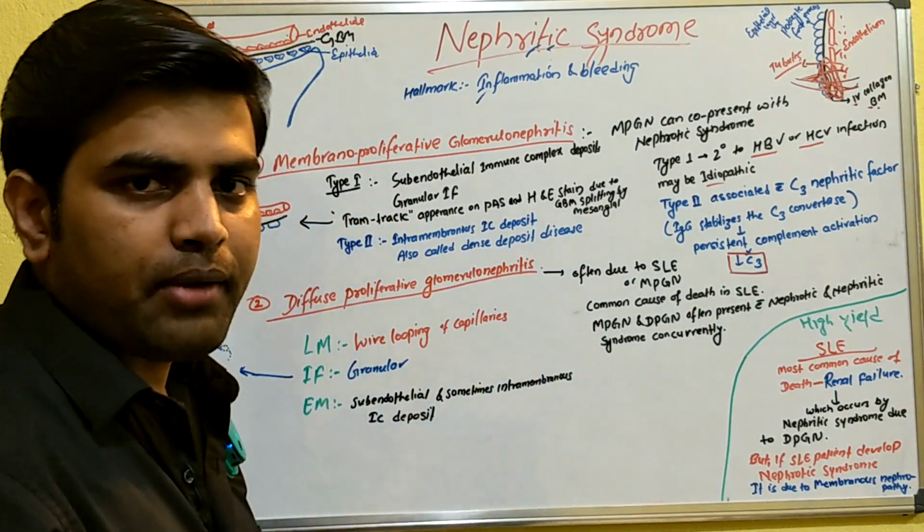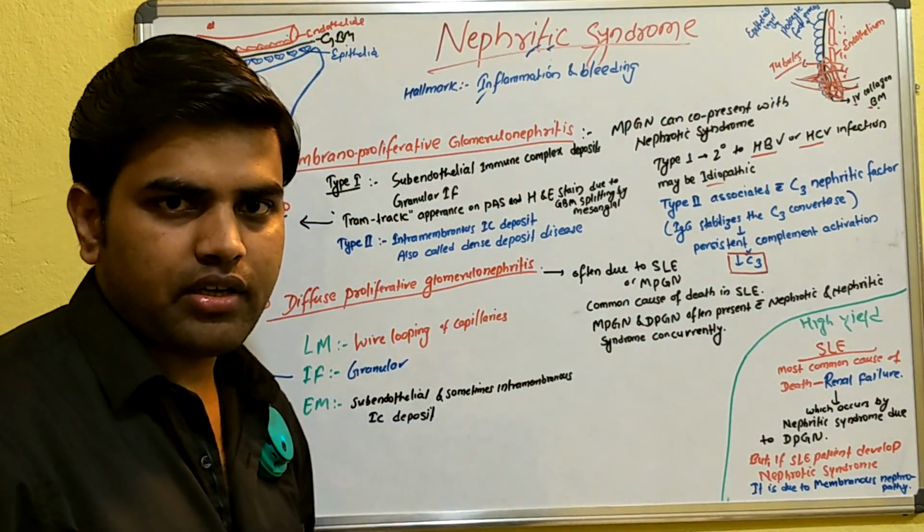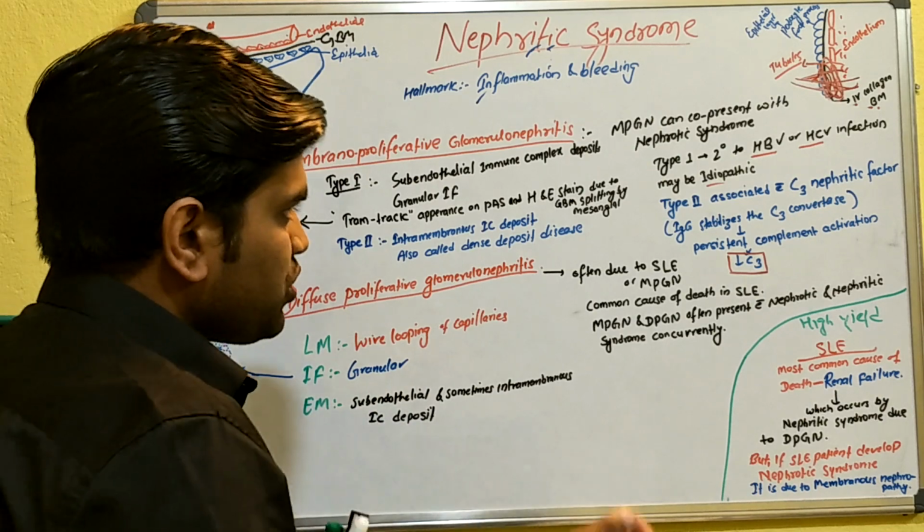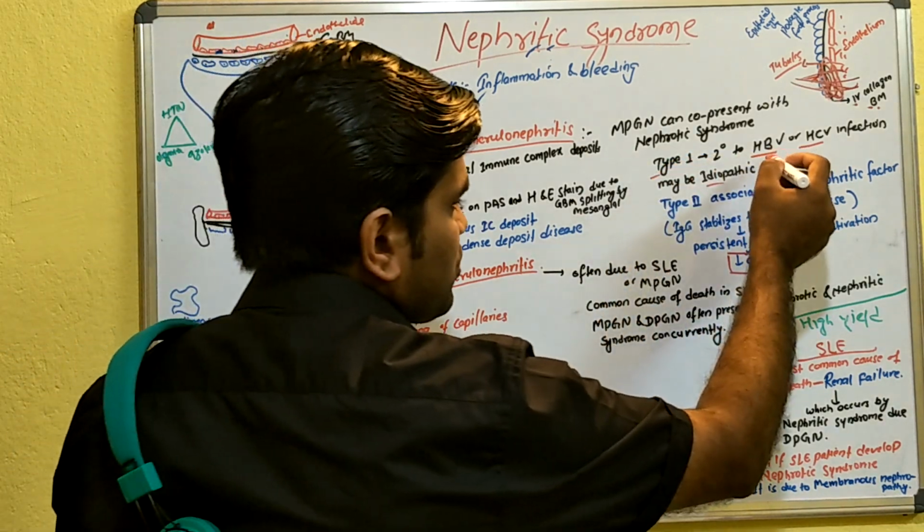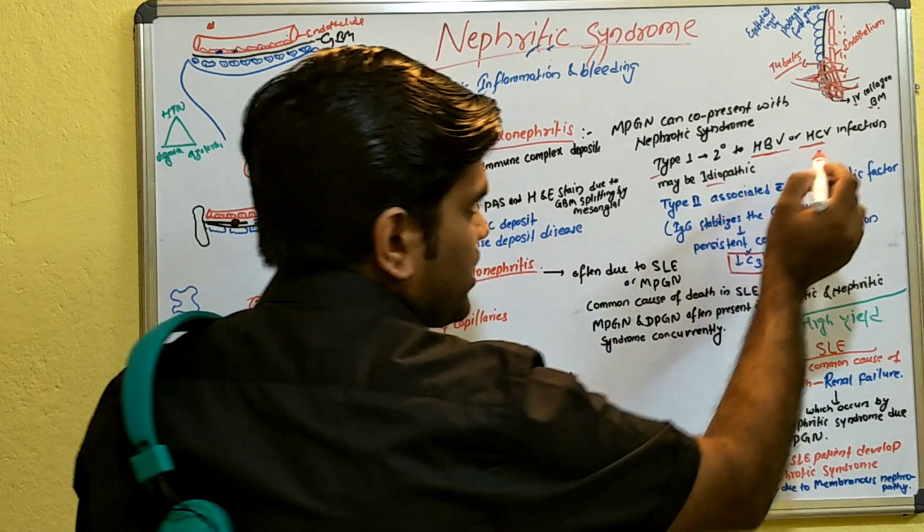All nephrotic or nephritic syndromes can be idiopathic, but there are some associations, like type 1 typically being secondary to hepatitis B and hepatitis C infection.